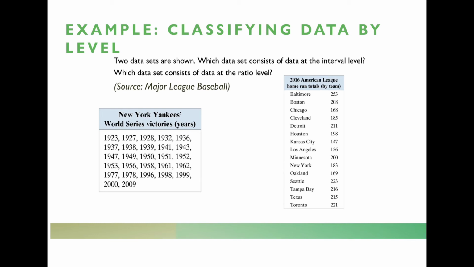It doesn't mean nothing. Whereas here, a 0 actually would mean something. It would mean 0 home runs. Okay. So this one would be at the interval level, whereas this one would be at the ratio level. Interval, because 0 doesn't really have an inherent meaning. It doesn't mean none. It does represent a point in time, but that's something that we've constructed.